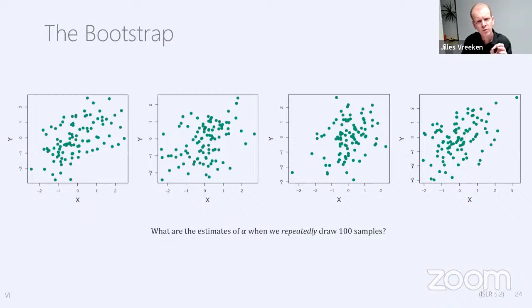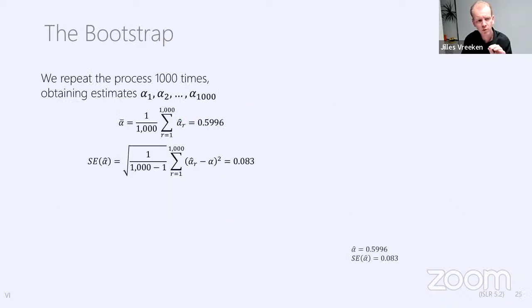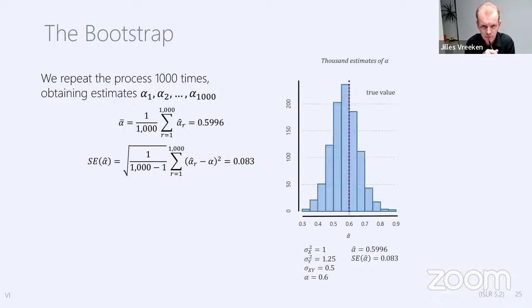Now, suppose we're not going to do this just for 4 cases. We're going to do this 1,000 times. We're going to have not one, but 1,000 estimates for alpha, where basically it's going to look like this. I did this as some homework preparing for this lecture.